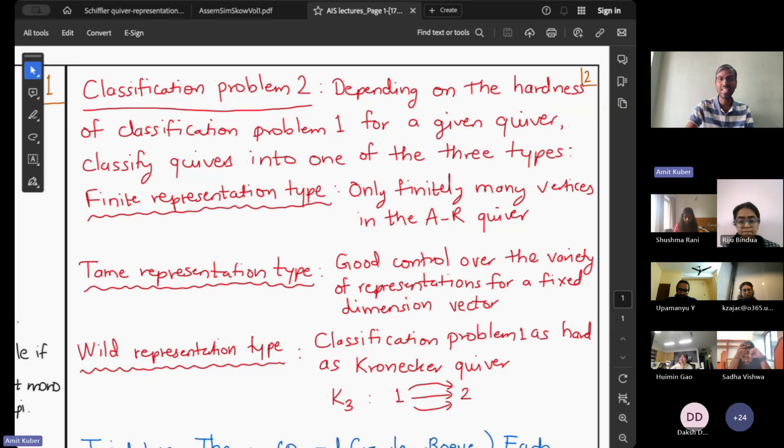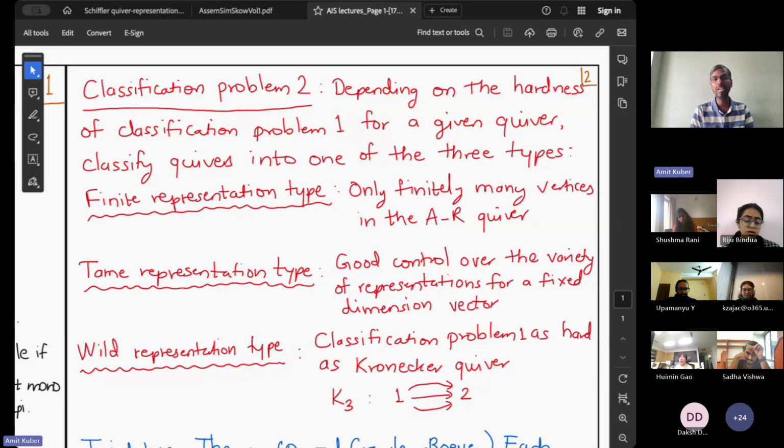And then suddenly there is the third one, and the third one somehow calls one particular quiver the villain. That is the prototypical example of a wild representation type quiver, and that is this Kronecker quiver K3. Only 2 vertices and 3 parallel arrows. As soon as your category of representations for a given quiver contains the category of representations of K3, then it becomes a wild quiver.